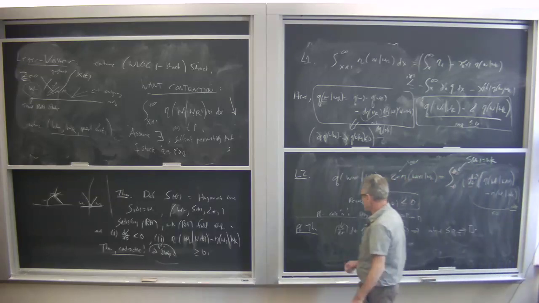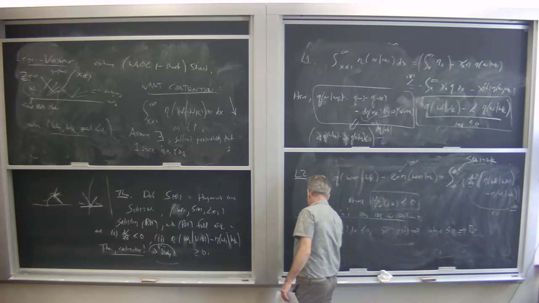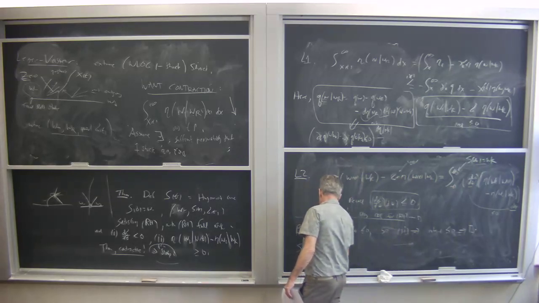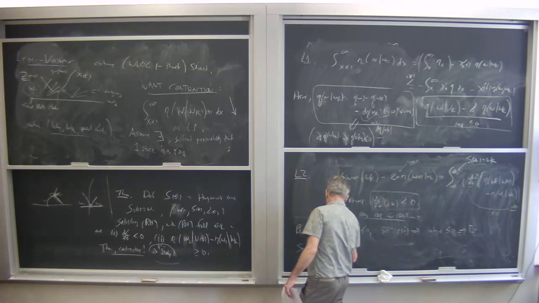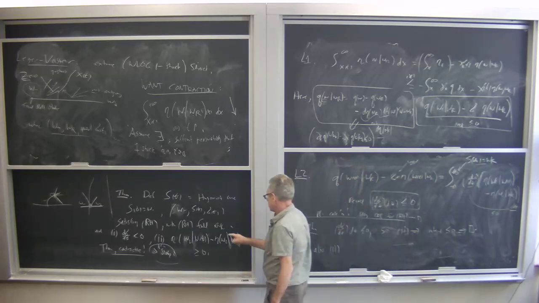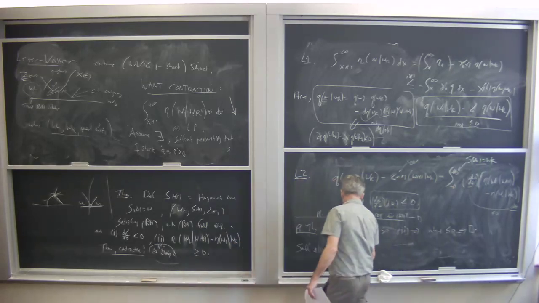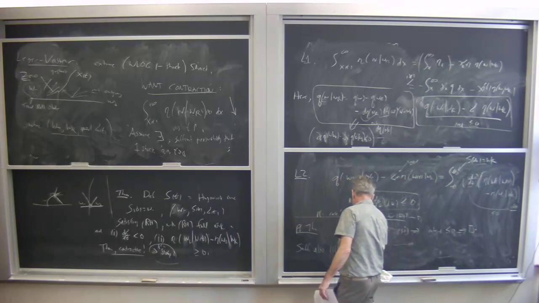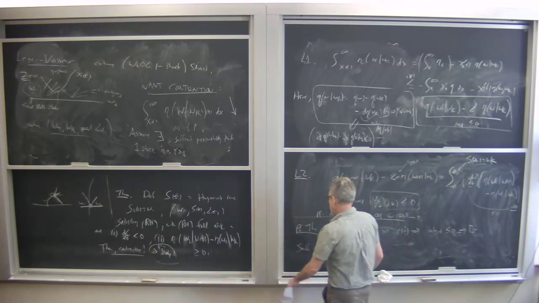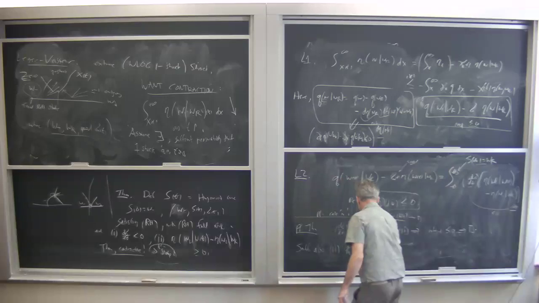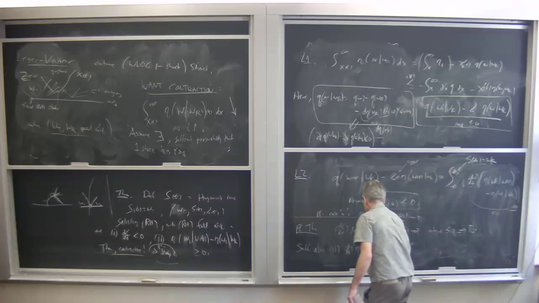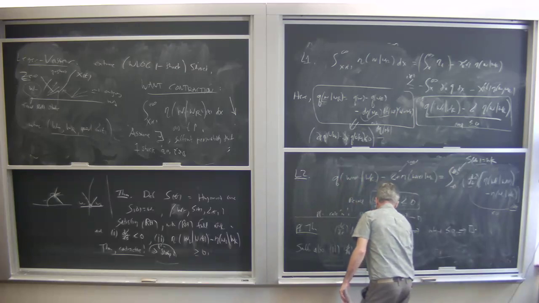The sufficient condition they reported is a stronger condition, and that's the one I'm going to need, which is d over d theta of eta of WL W of theta is less than or equal to 0.